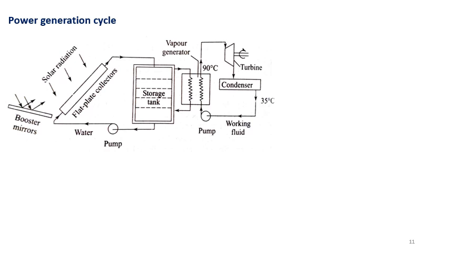So the pump will pressurize the water to the flat plate collector, where it gets heated up, and the hot water is stored in the storage tank, and that water is utilized to produce vapor in the heat exchanger, and the vapor which is generated at almost about 90 degrees centigrade is utilized to run the turbine by means of expansion, and the generator is coupled to the turbine so that you can convert mechanical energy into electrical energy, and thereby generate electricity.